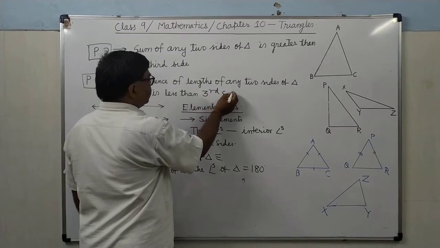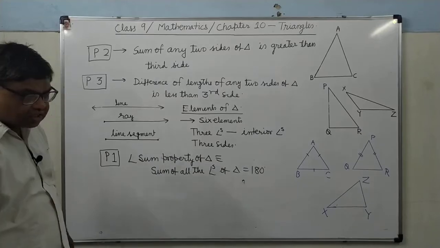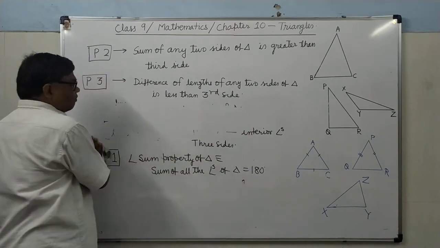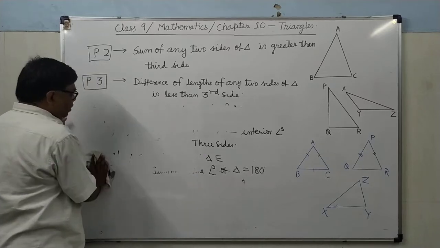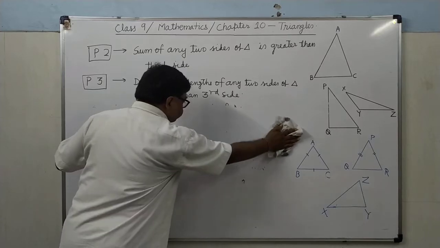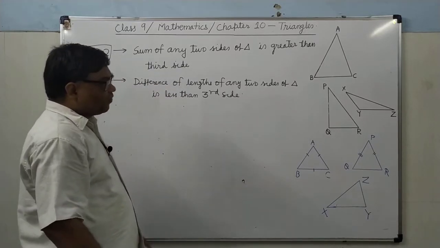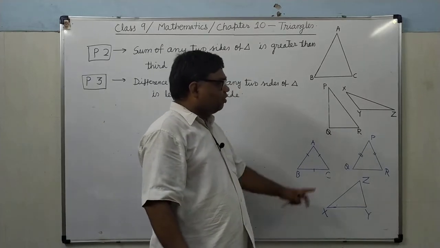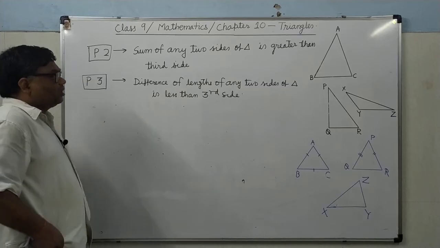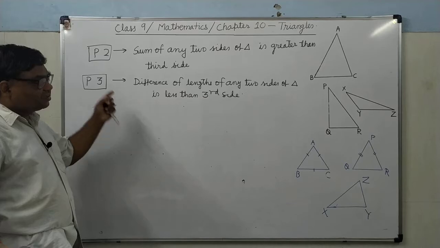Means you take any two sides, find the difference of their lengths, that difference will be less than the third side. For example, in triangle PQR, you take two sides PQ and QR, you find the difference of their lengths, and that will be smaller than the third side. It's clear? So these are some properties of triangle.